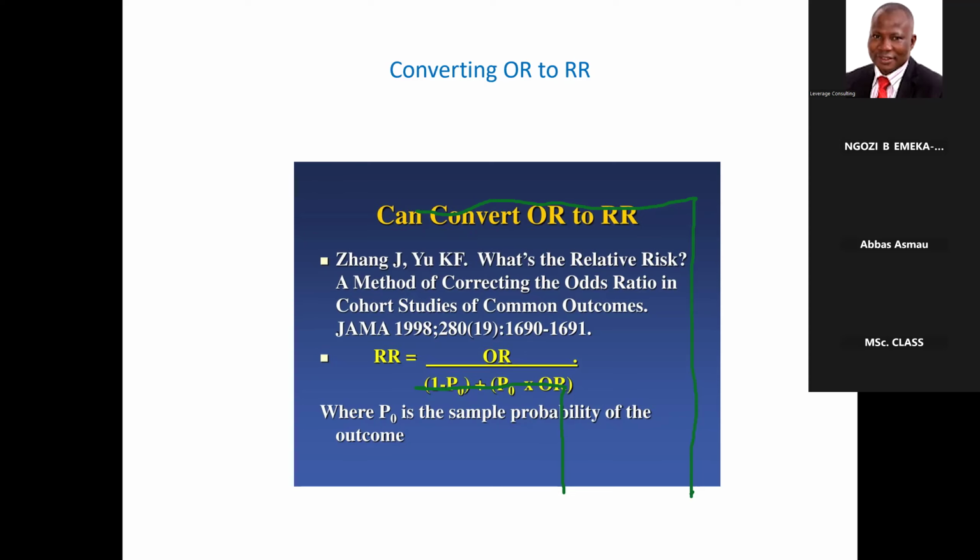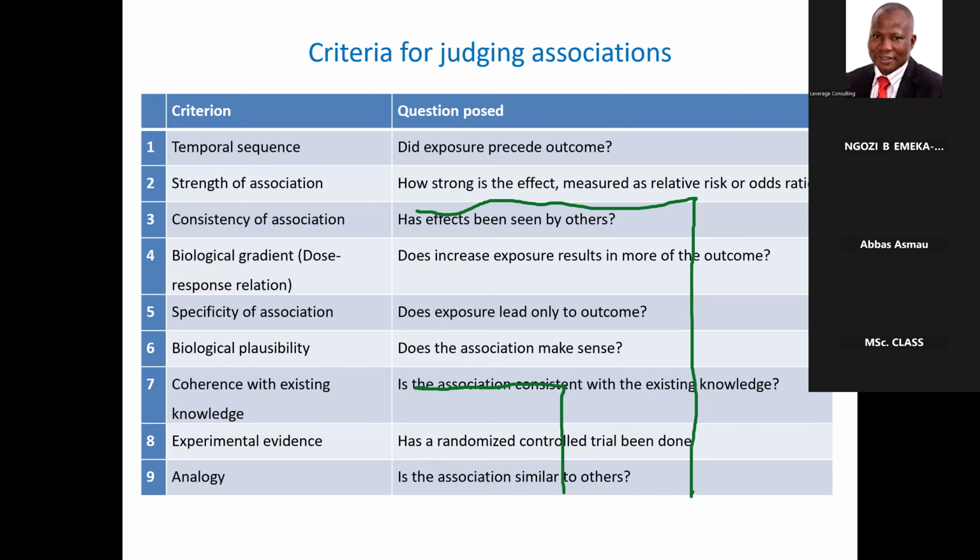So most of the time, you'll be seeing odds ratio more than relative risk in the population. And so intelligent people came and showed you can convert the value of odds ratio to relative risk. That's what you have here. Don't bother yourself. I don't know if this last slide is useful for you, but this is more like epidemiology.